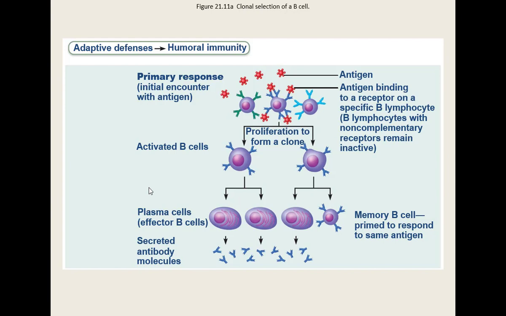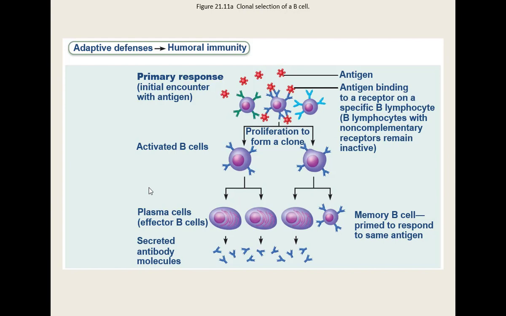Once it binds to that foreign object, once it binds to that antigen, again, it's only the hands that are binding, it's now become activated and it goes through that clonal selection. It starts to make more of itself, and each of the new clones has that same kind of B cell receptor on it, because again, it's making exact copies of itself. It's fighting a war. Now, it's not just going to make 2, it's going to make thousands, but it's easier just to draw 2.